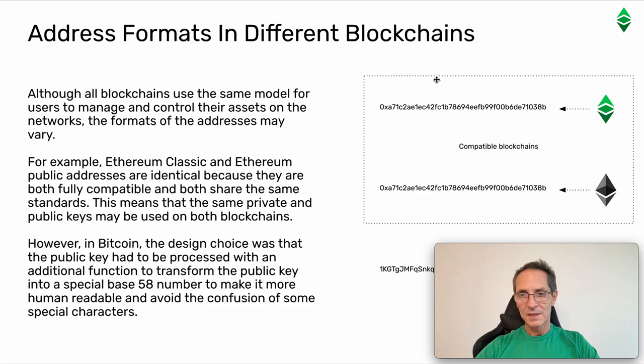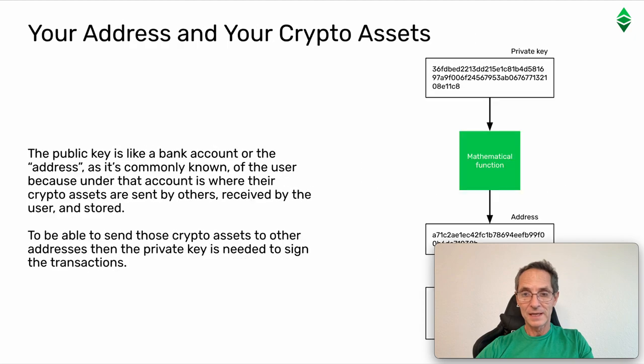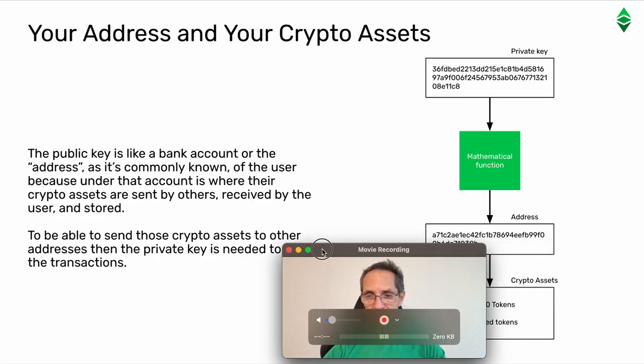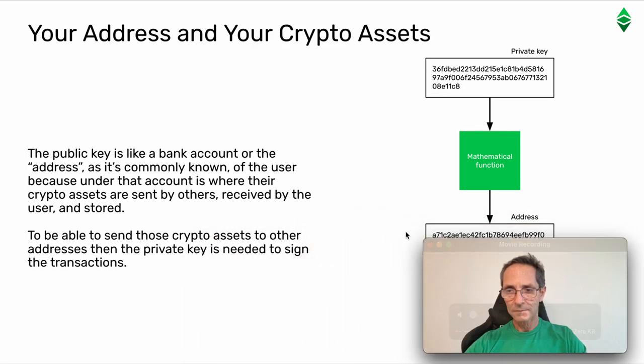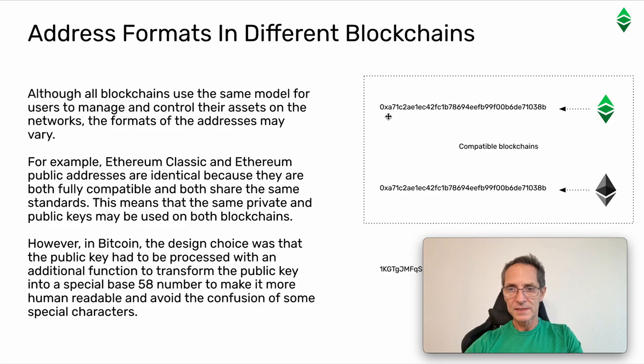So this is an address on Ethereum Classic, and this is the same address on Ethereum, and the only thing that is done is that a 0 and an X is added in the front of the public key just to distinguish it, that it is a public key and not some other token. So as you can see, it is the same number with a 0 and an X in front, and both can be used in Ethereum Classic and Ethereum.